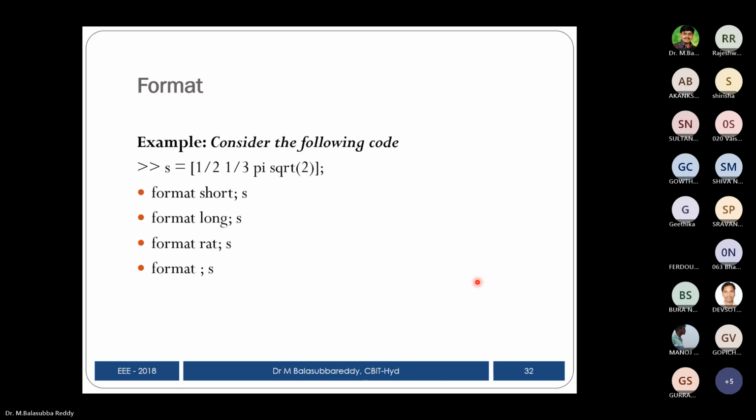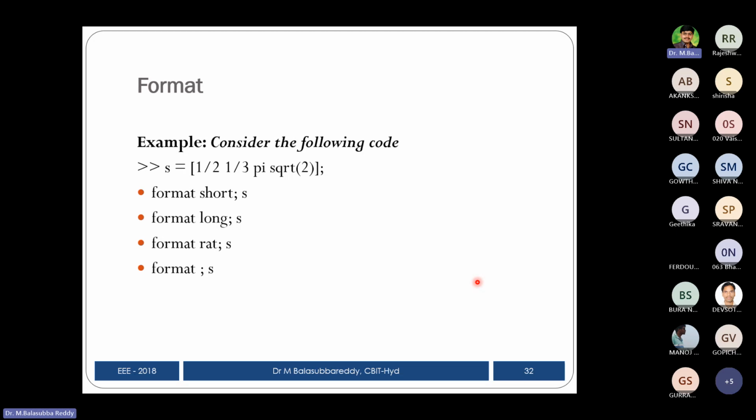And then you can see S is a vector. What is inside it is 1 by 2, 1 by 3, pi, square root 2. So here some inbuilt keywords are there. Anyhow, you know that, but I'll share it once briefly. Pi you should not use as a file name or variable name, because pi itself is a number value, 3.141 something.